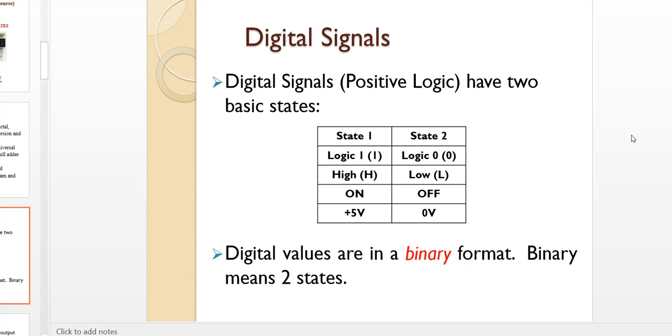Logic 1 can also be called high logic, represented as H, and logic 0 can be represented as low, shown as L. Other notations for logic 1 and logic 0: logic 1 is an on state, logic 0 is an off state, and either it is +5 volt or it is 0 volt. Basically these two logic levels are called binary format. So binary always has 2 states, please remember.